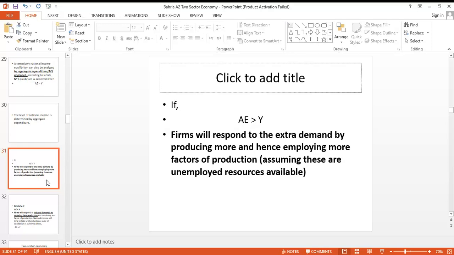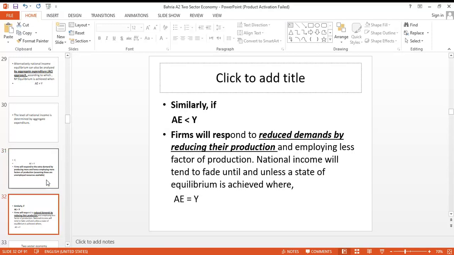The demand is higher. In order to respond to this extra demand, more factors of production will be employed. Why will they be employed? Because under this assumption some unemployment always occurs, and this demand will be satisfied and income will increase until aggregate expenditure becomes equal to the income.